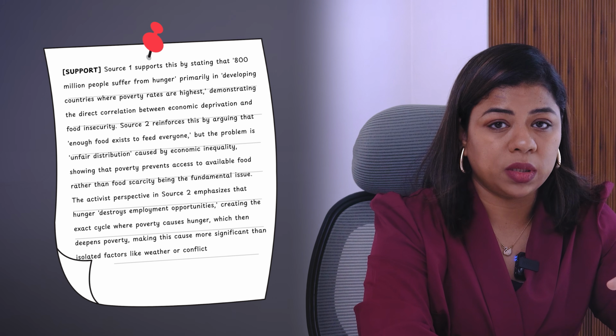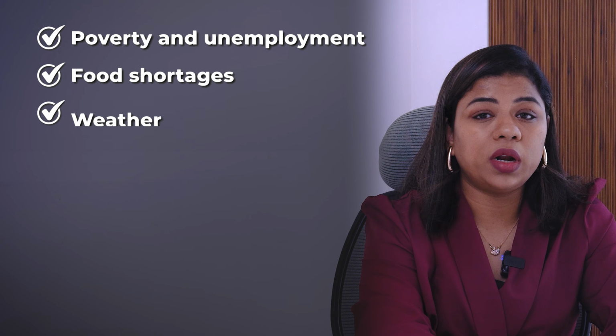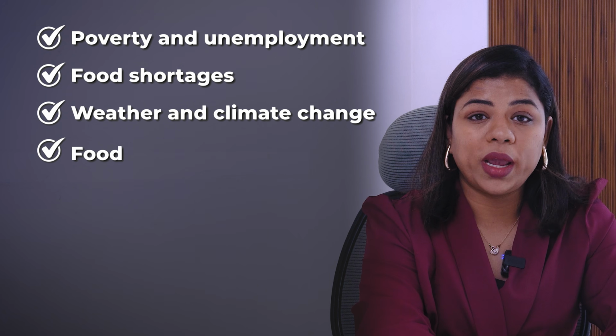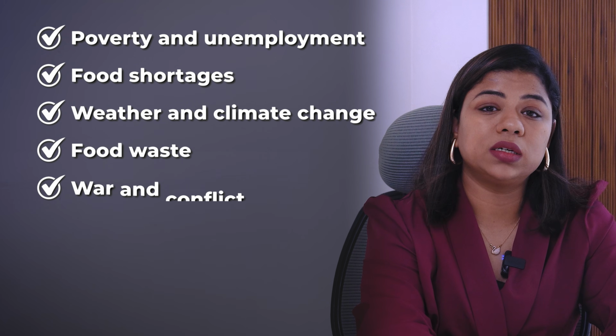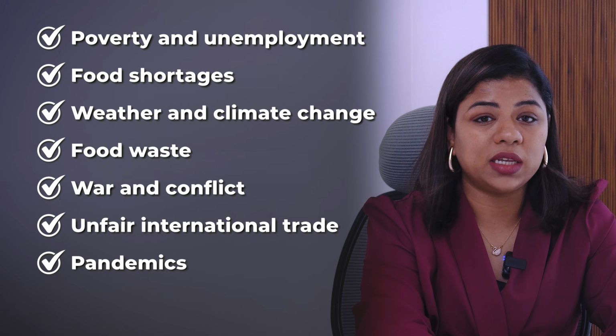Level 4 approximately. Now, you will notice that Priya chose poverty and unemployment strategically. Cambridge accepts 8 specific causes: poverty and unemployment, food shortages, weather and climate change, food waste, war and conflict, unfair international trade, pandemics, and rising food prices.